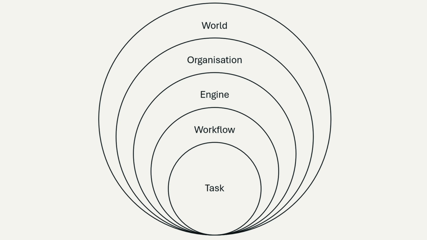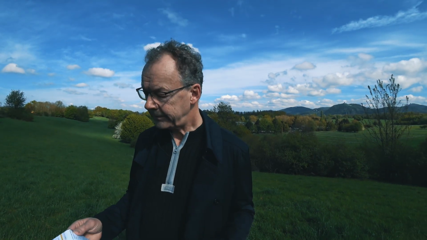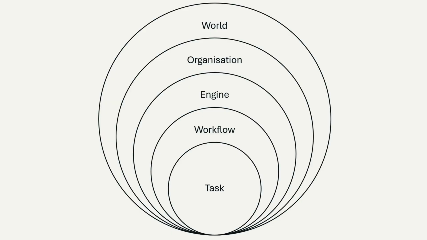So I looked at two business process management systems, namely Camunda and YAWL, and looked at which scope they defined their objects. And I'll take my note here. Camunda defines forms at task level, but they should be defined at engine level.